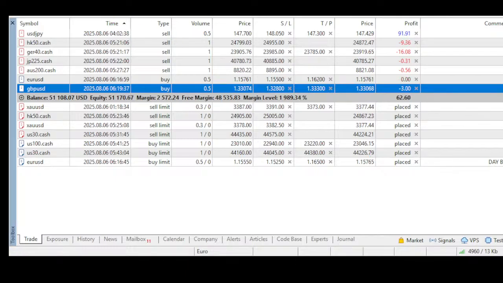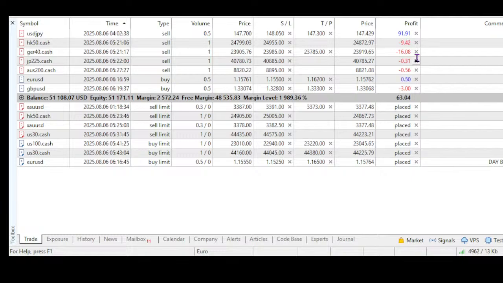Then we have another entry which is buying at 32.85, and 60 is our stop loss, and TP is 33.5.